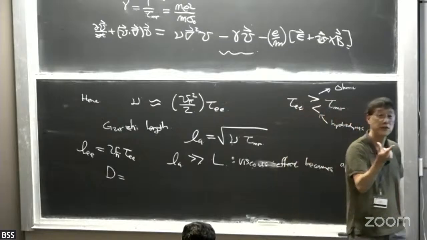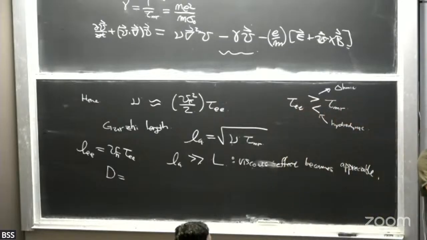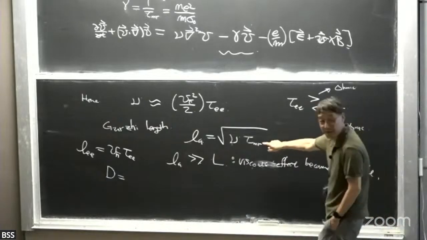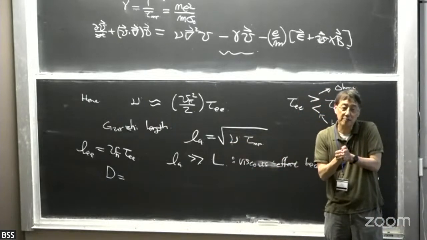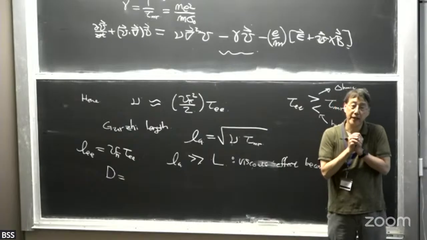If I use a diffusion constant, it is basically the momentum diffusion by the impurity. How to interpret that diffusion length scale is exactly the same way we define the Gurzhi length scale, in the sense that you can see when you move away from the boundary, right?